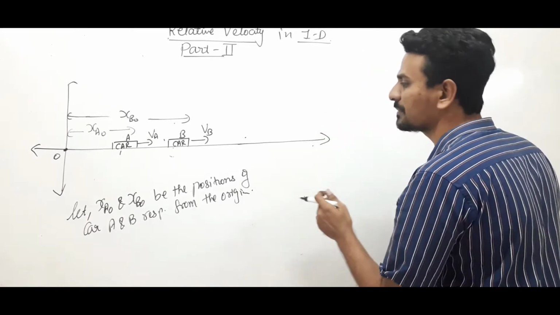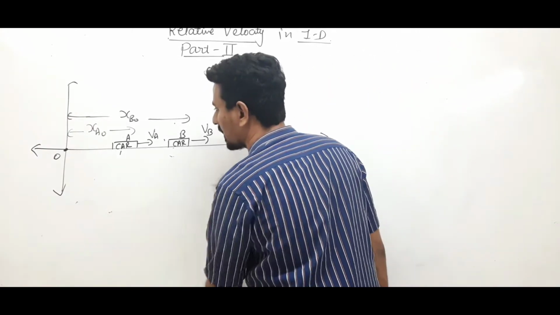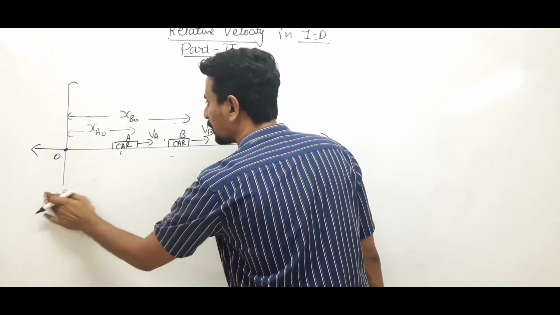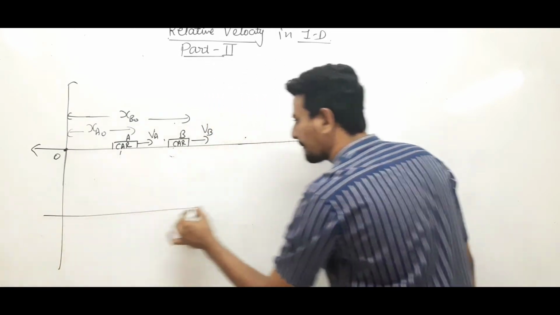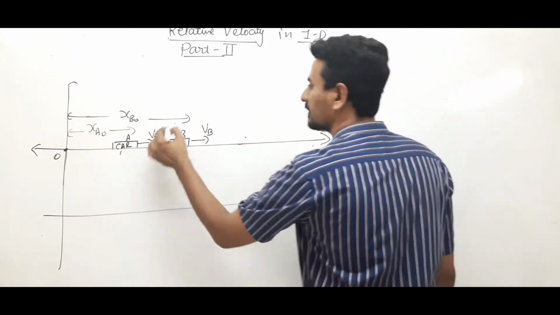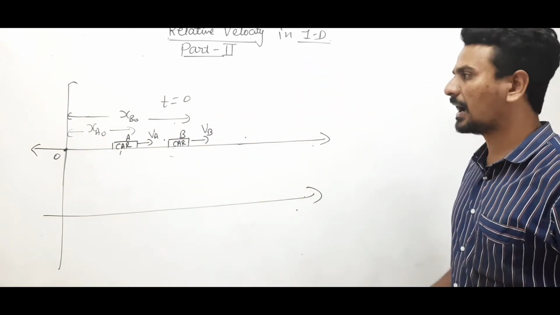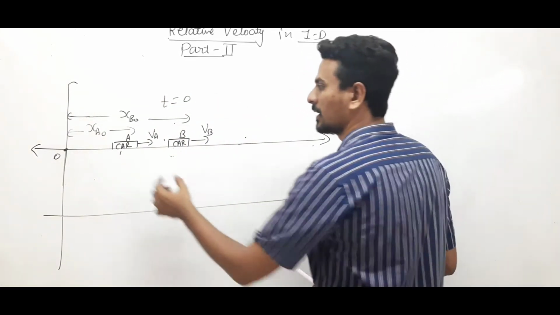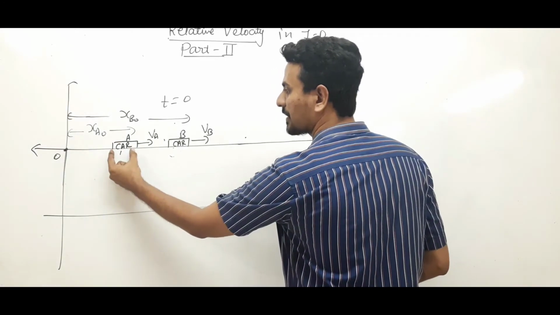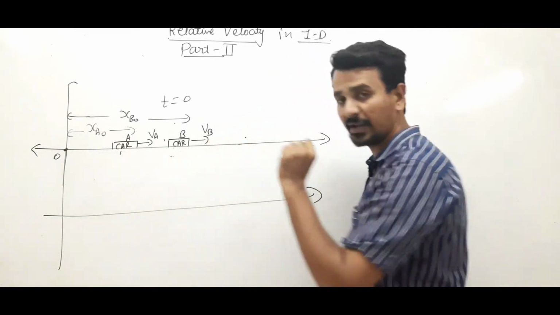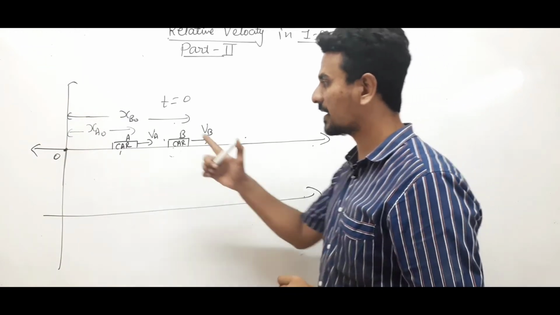So after any time t, what will be their positions? See, this is the situation at t equals 0. After any time t, car A will have travelled a distance Va into t. What is the velocity of car A?